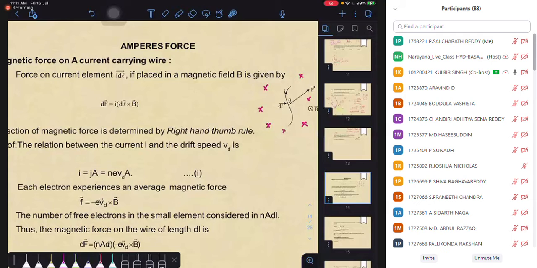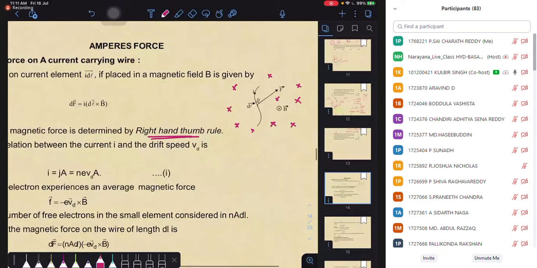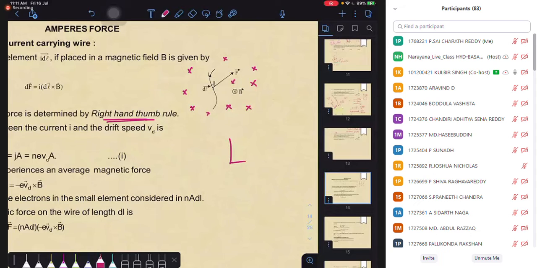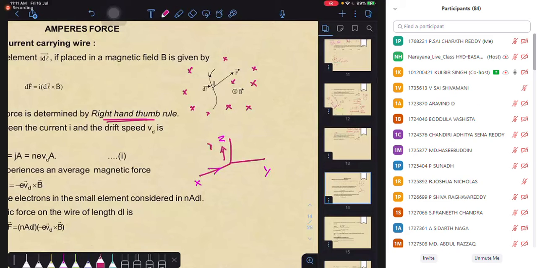So the force experienced by the small element is I dl cross B. The direction is again given by your right hand thumb rule. In this case, you have to take the direction from current to magnetic field. Suppose the current flows in my x direction, and we have a magnetic field in the z direction.